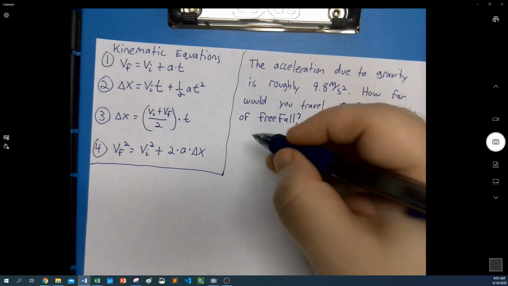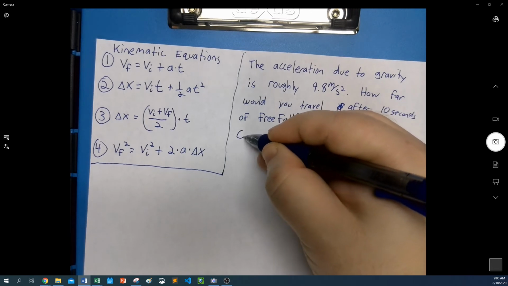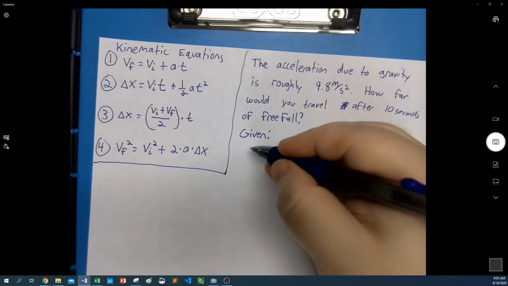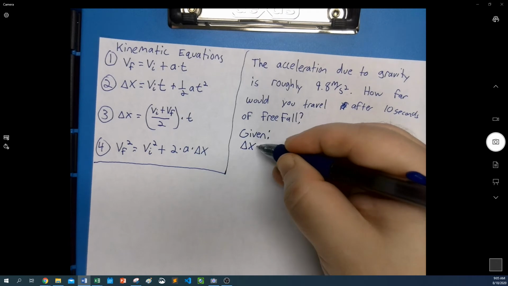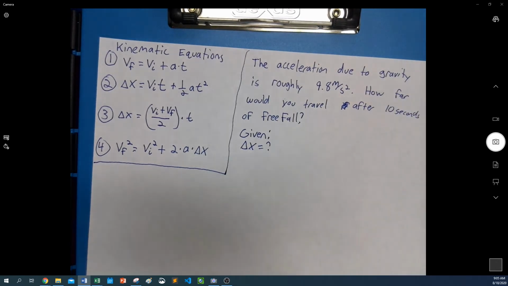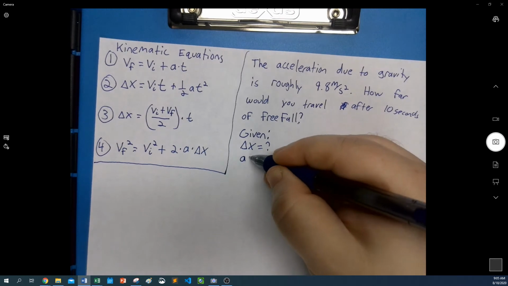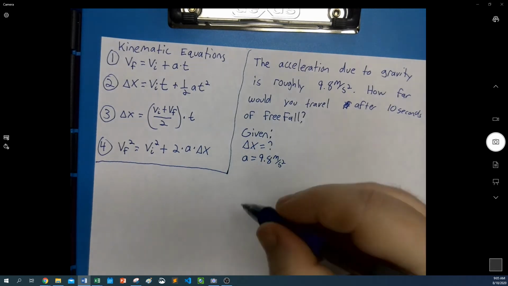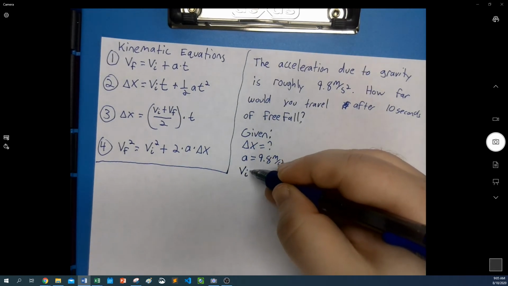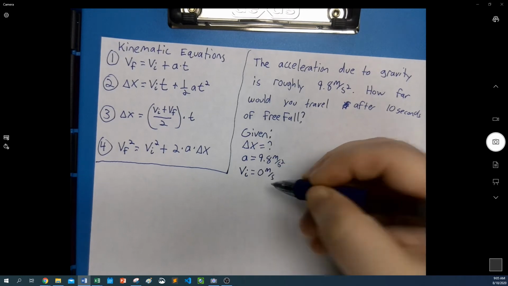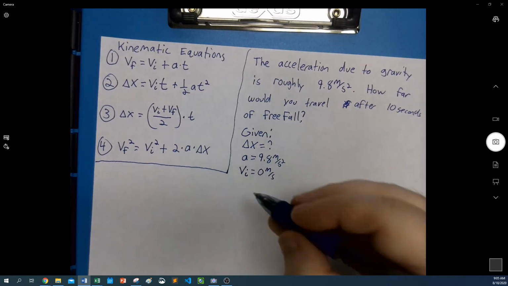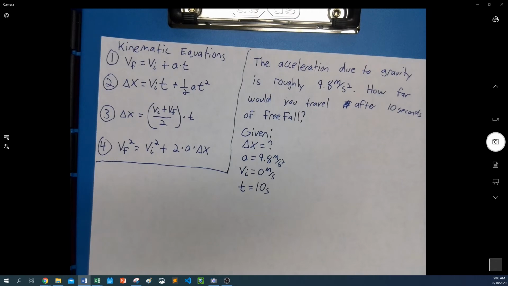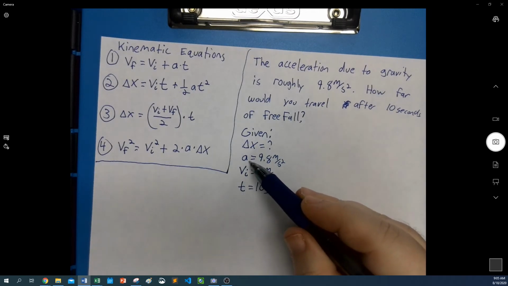So let's look at it. We're trying to find, let's look at our given values. We're looking for our distance. We're given that the acceleration is 9.8 meters per second squared. Let's assume that our initial velocity is 0 meters per second. We're told the time is 10 seconds. So we have a t, a vi, and an a.